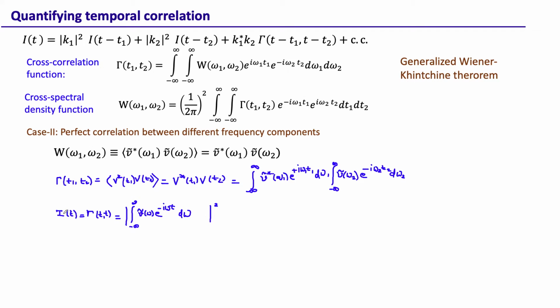So we see that the intensity in this case actually does depend on time. It is not stationary, not time independent, and of course the cross correlation function depends on both the time arguments T1 and T2.